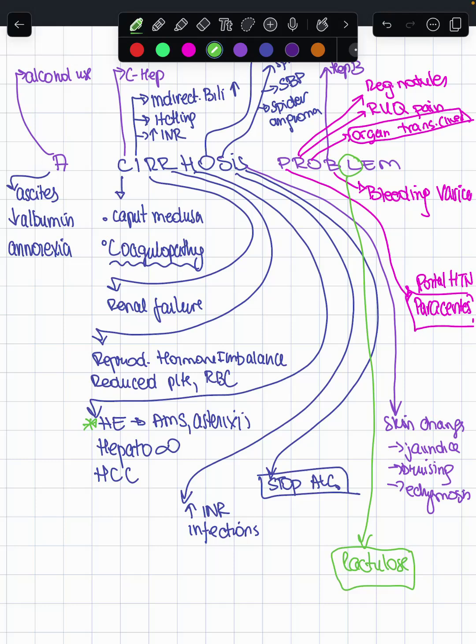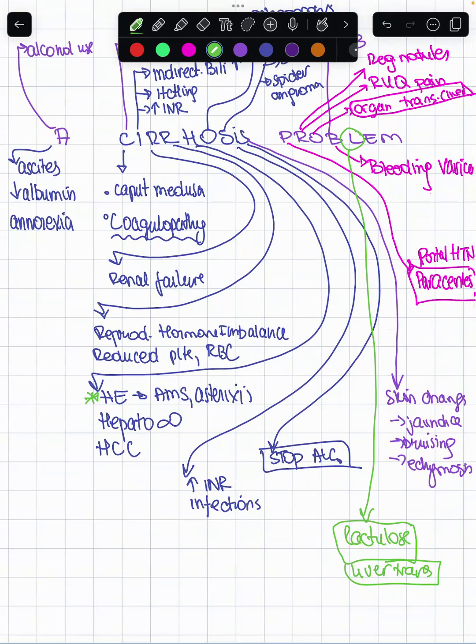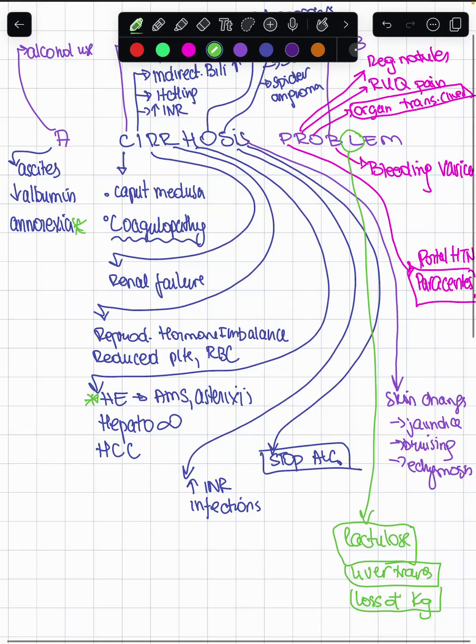And then also this will remind us about liver transplant as a way to deal with the disease, and it will remind us about loss of kilograms because these people will be anorexic, they won't want to eat. They may want to eat, but they will have difficulty digesting. Okay, so that was for L.